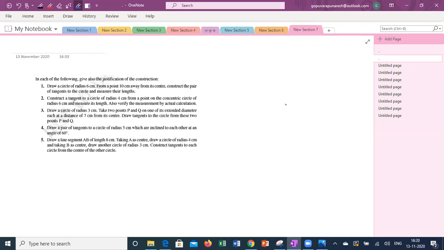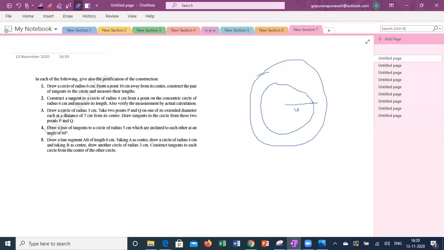Sir, we have to draw 2 concentric circles, sir. One is 4 centimeter, another one is 6 centimeter, correct? Yes, sir.